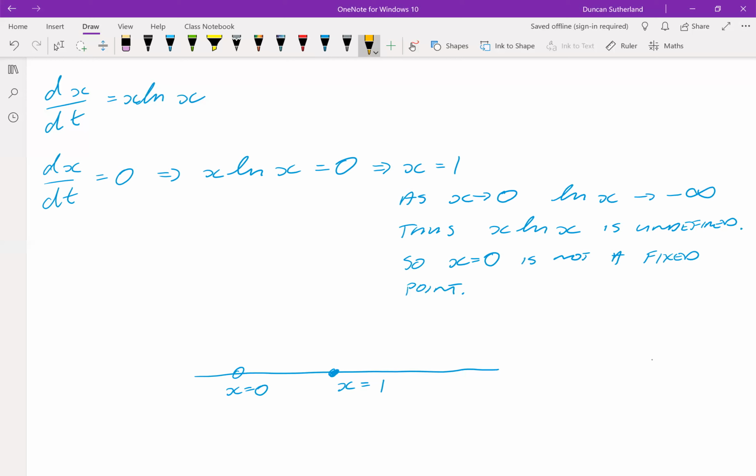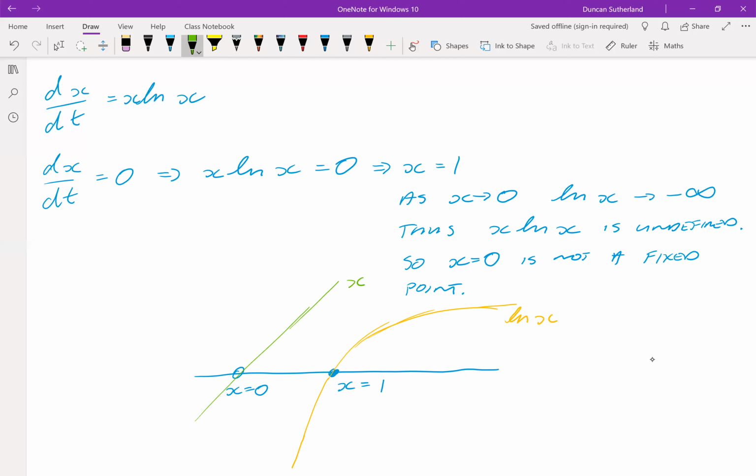Now, to sketch this x log x, we know what log x looks like. Kind of looks like this. And we know what x looks like. That's the line dx/dt = x, if you like.